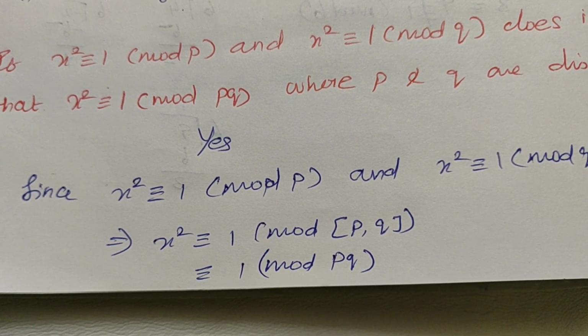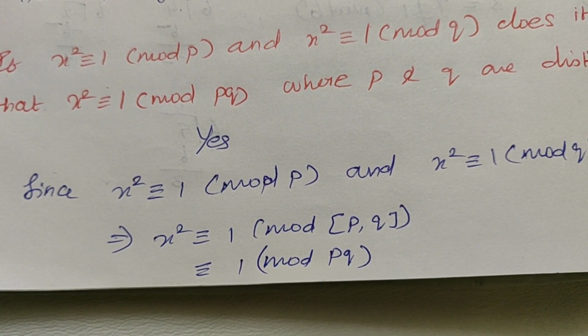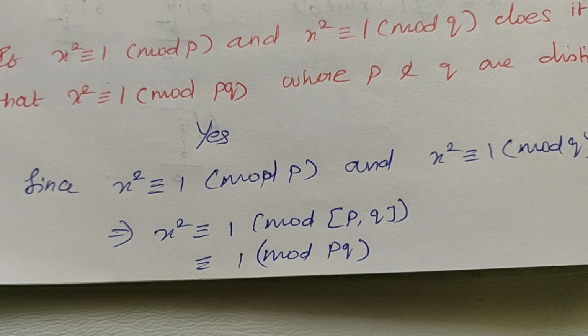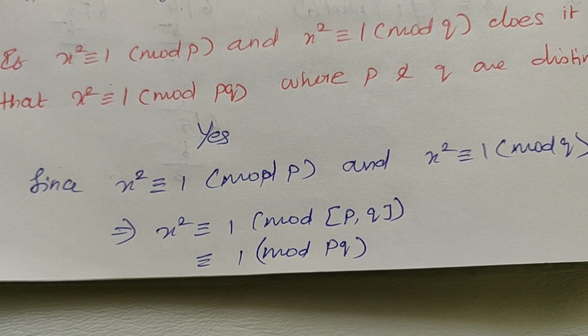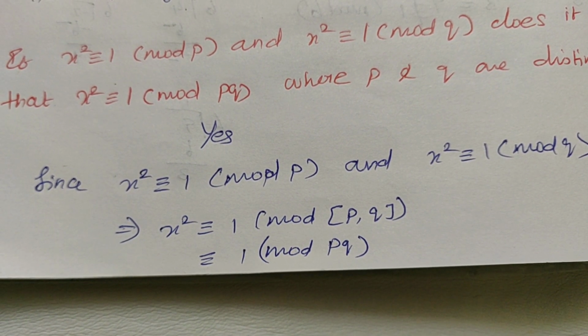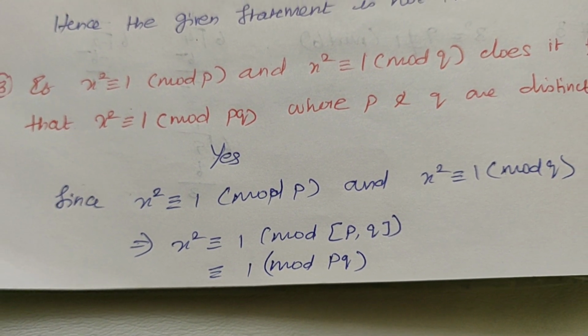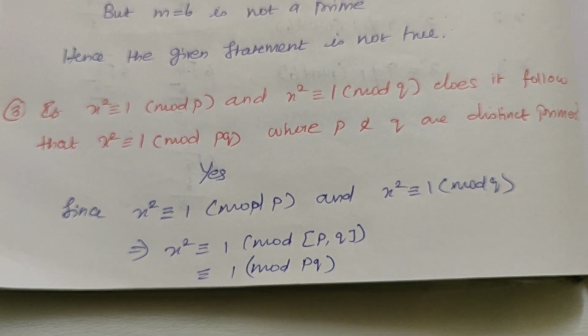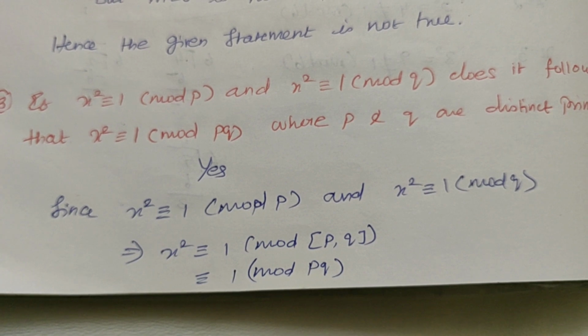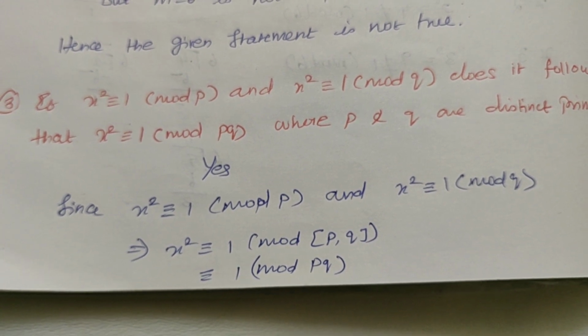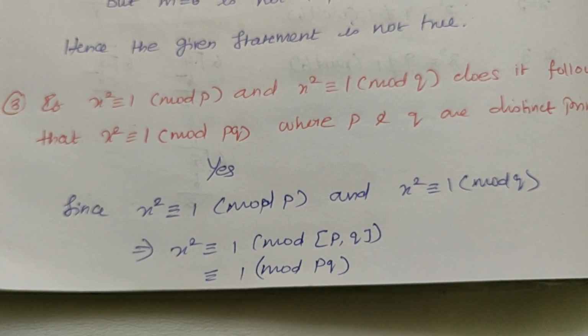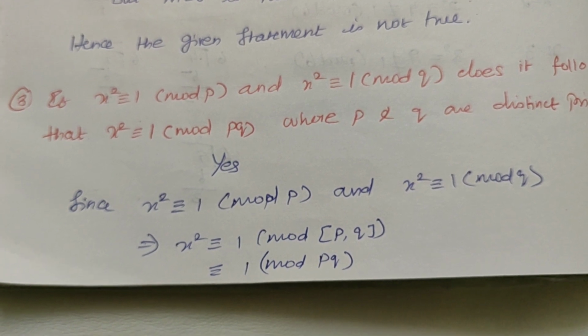The LCM of p, q gives the result pq. Therefore, x squared congruent to 1 mod pq is true.